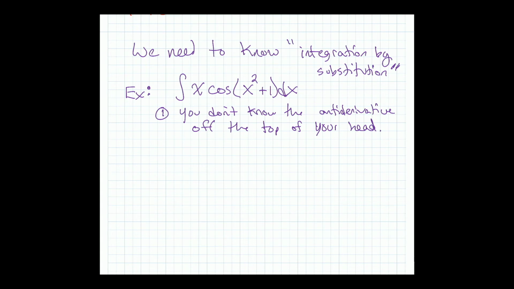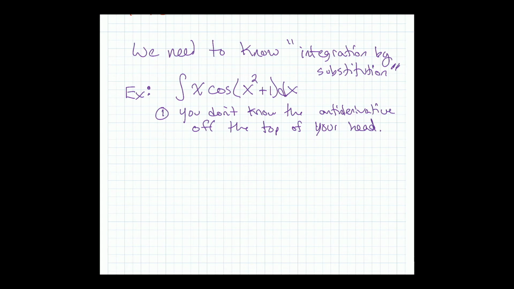I mean, I guess some people do, but generally speaking, you're not going to know that. So you need to recognize that and not try to integrate. You don't do antiderivatives of x and cosine and x squared all separately. That's not the way integration works. You need an appropriate technique here.